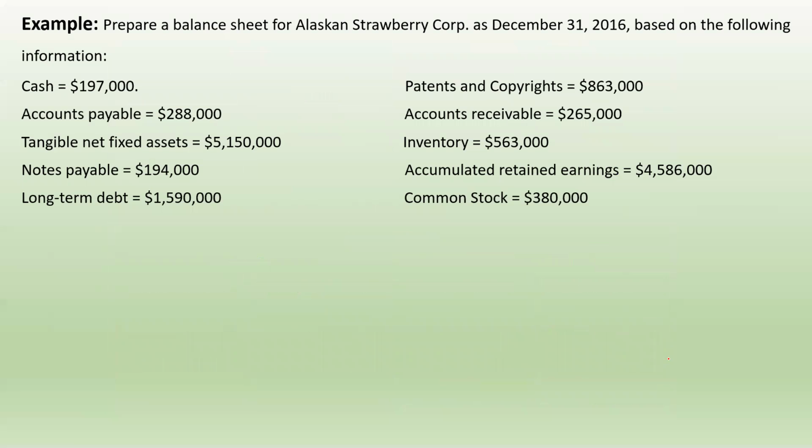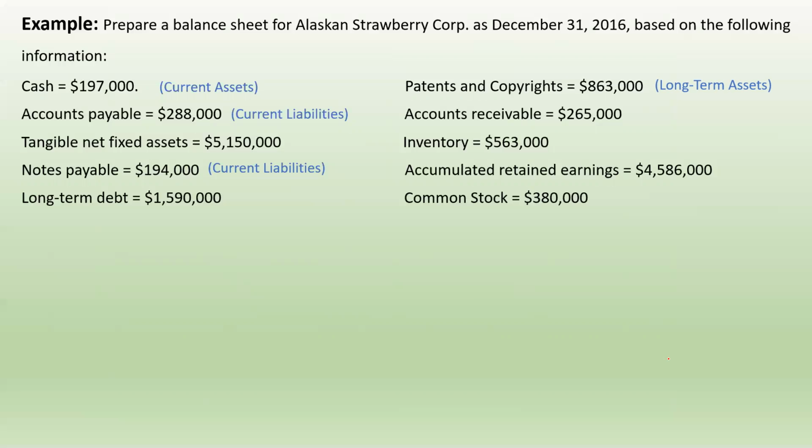Next one: prepare the balance sheet for Alaskan Strawberry Corporation as of December 31st, 2016, based on the following information. We should know cash is current assets, accounts payable is current liability, tangible net fixed assets is fixed assets, notes payable is current liability, long-term debt is debt.